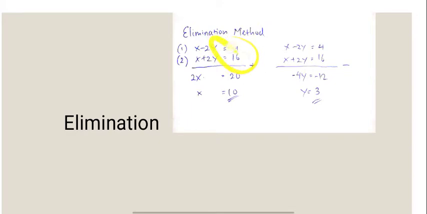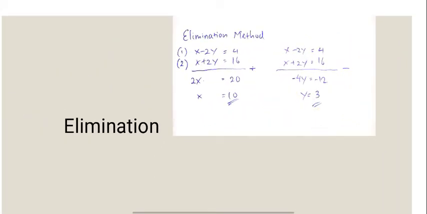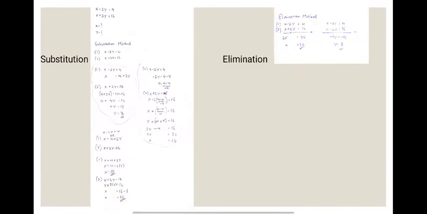So 4 plus 16 is 20. Then 20 divided by 2 is 10. And then the second one, we do subtraction. This time, x minus x is 0, and negative 2y minus 2y is negative 4y, and then we get y equals 3, which is exactly the same answer as with these ones.